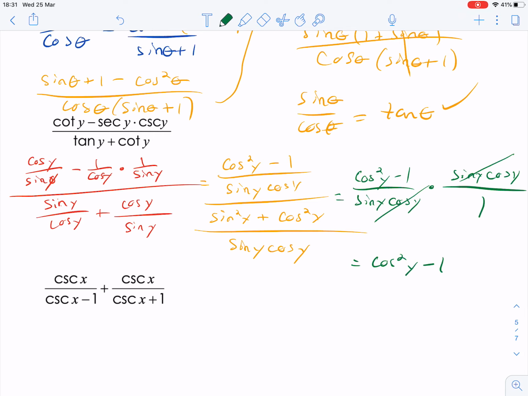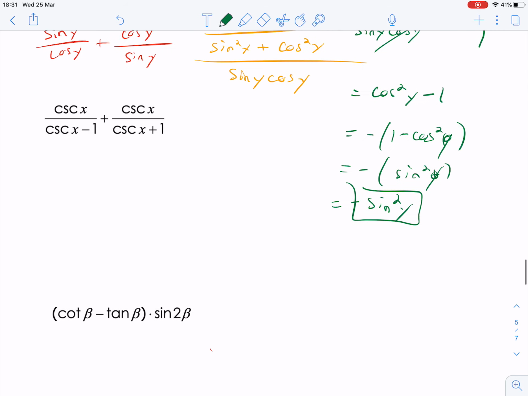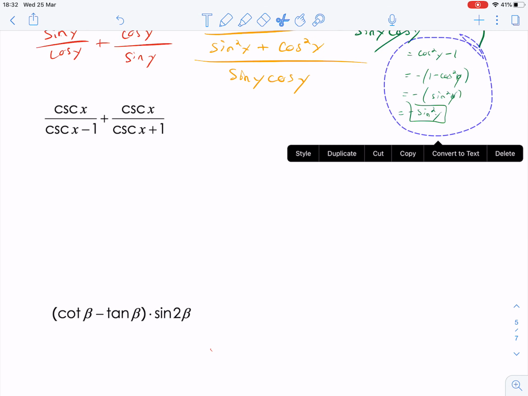Let's factor something out. We factor a negative. We get positive 1 minus cosine squared of y, and then we get a negative, and we know that is sine squared of y. Or theta, I switched. So we get negative sine squared of y. There we go. Beautiful. All right.